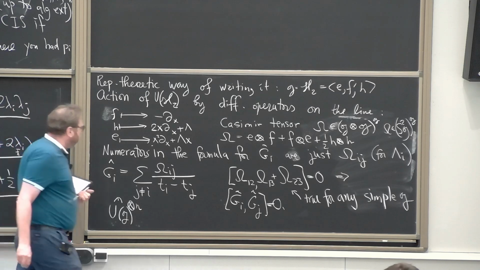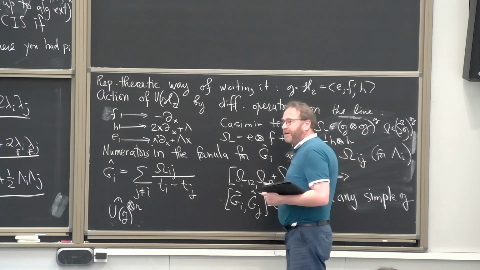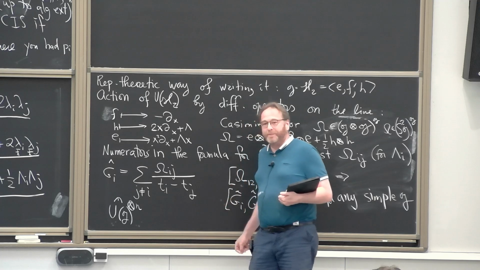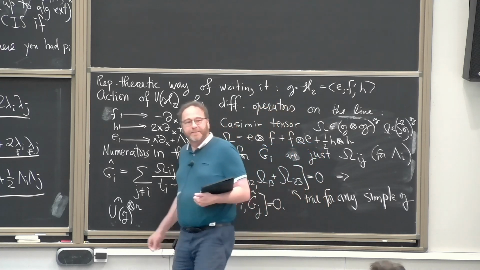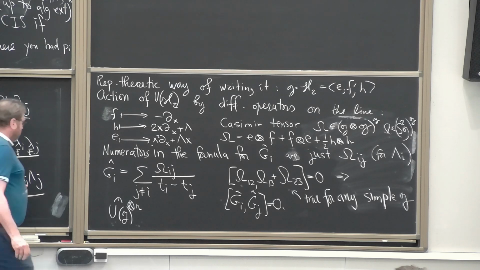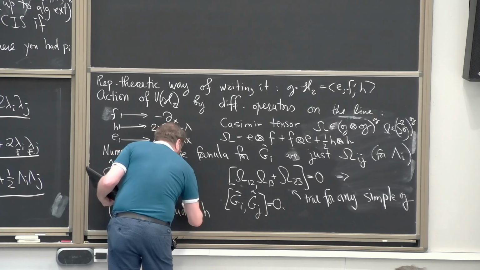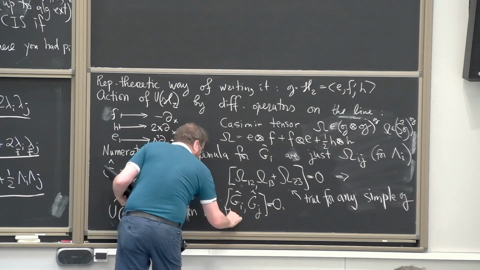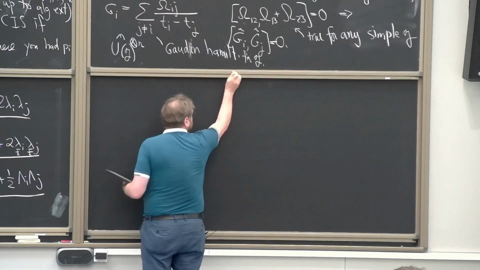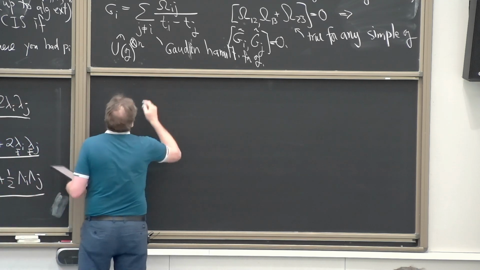So I claim that if you have formal letters omega_ij which satisfy such a condition, then these things for arbitrary complex numbers t_i and t_j will commute. And this is very easy to check by direct computation. And so these are the Gaudin Hamiltonians for g. More precisely, in quantum mechanics, we want to have operators on a certain space, so we should take some representation.